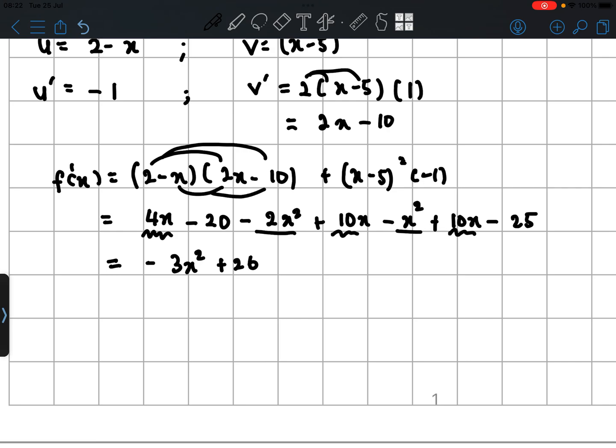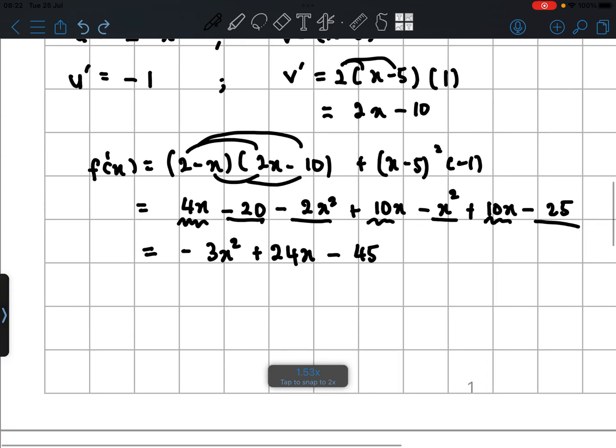So we reach the same thing except the x term, right? So this 10x plus 10x is 20x, plus 4x is 24x. Okay, this minus 20 and minus 25 is minus 45. Okay, so this is our first derivative.